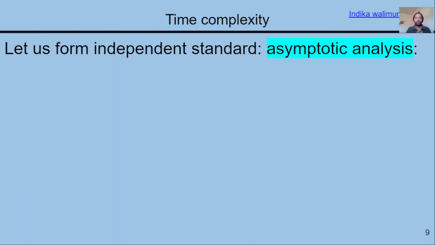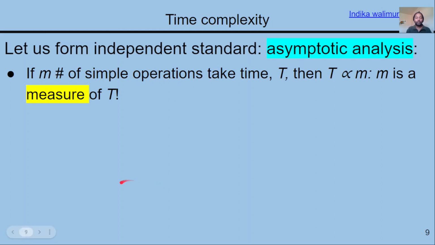All right. So in formulating this independent standard, we're now going to talk about this concept called asymptotic analysis. If we take m, the number of simple operations, and that takes time t, then based on the assumption we made earlier, t is proportional to m.